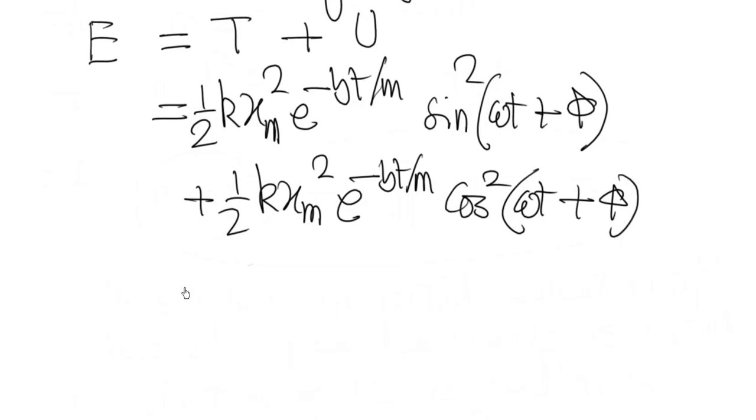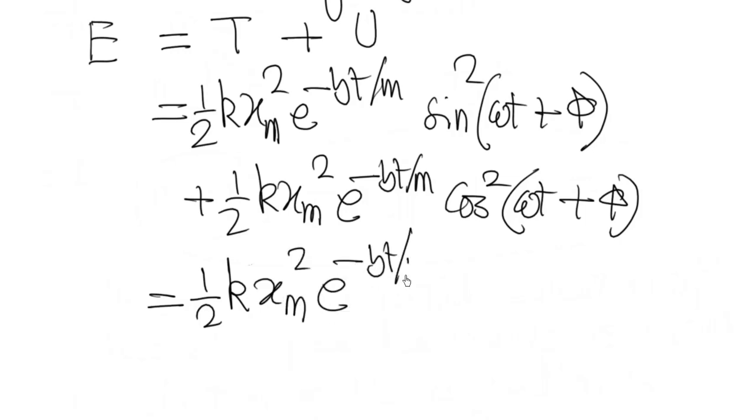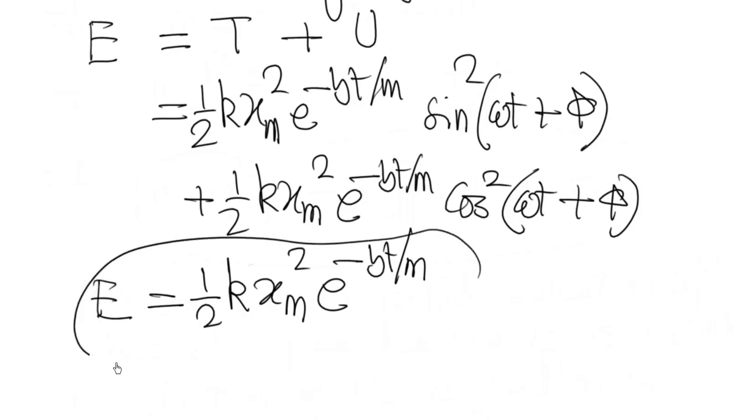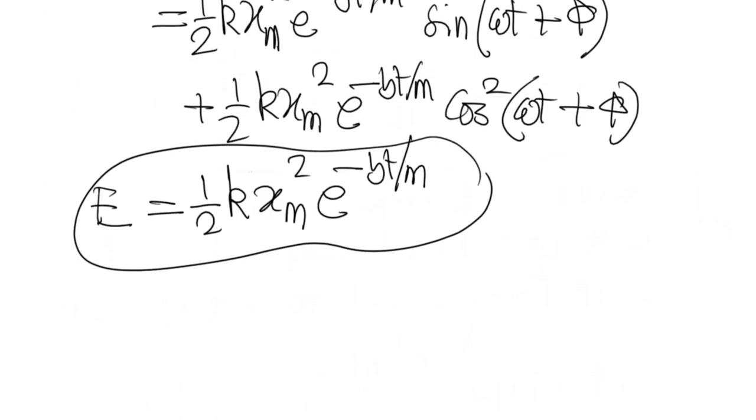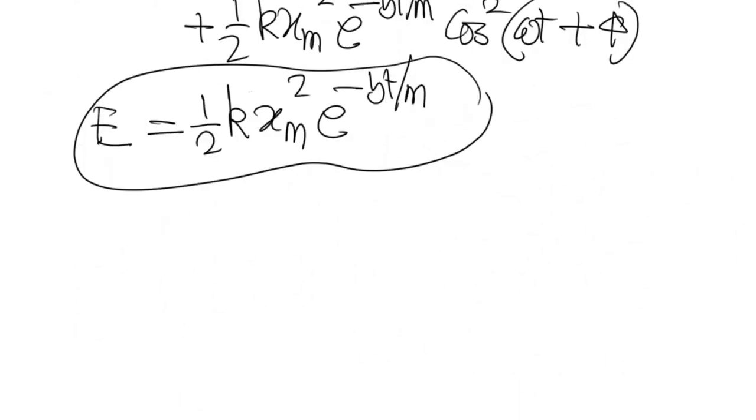So if we add these two, we will have this. So you see our total mechanical energy is this. And now you see the total mechanical energy is a function of time t.